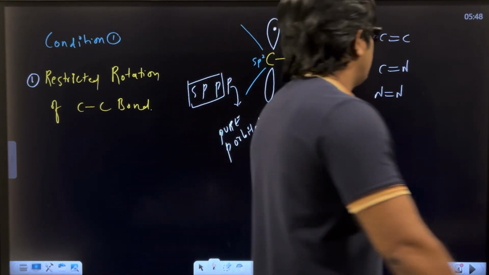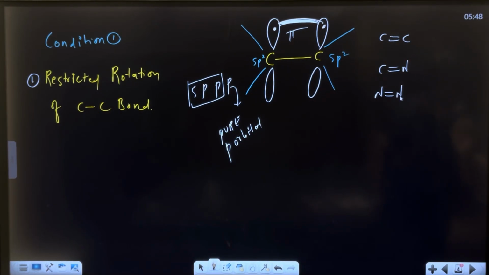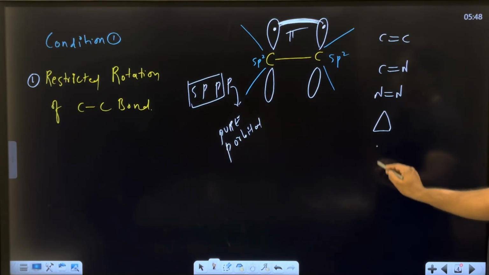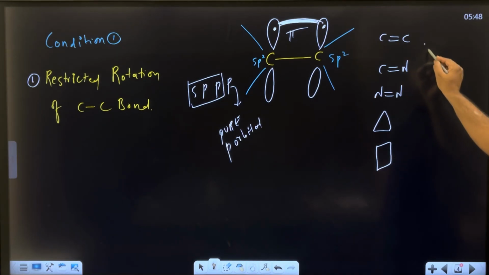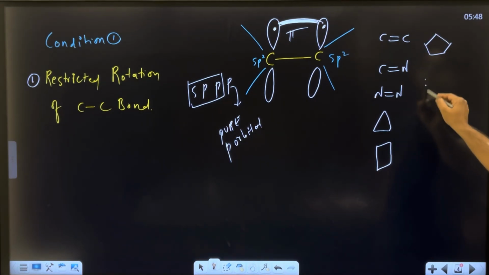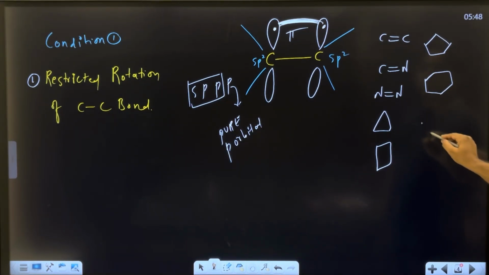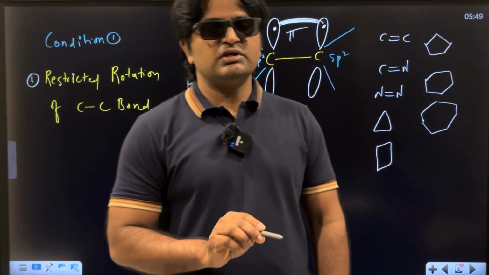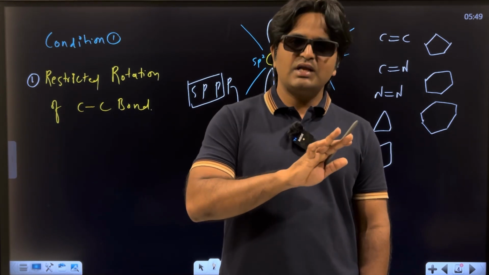Clear? Fine. Next, in case of all cyclic compounds like 3-membered ring system, 4-membered ring system, 5-membered ring system, 6-membered ring system, and this 7-membered ring system, any type of cyclic compound given, C-C bond rotations are restricted.